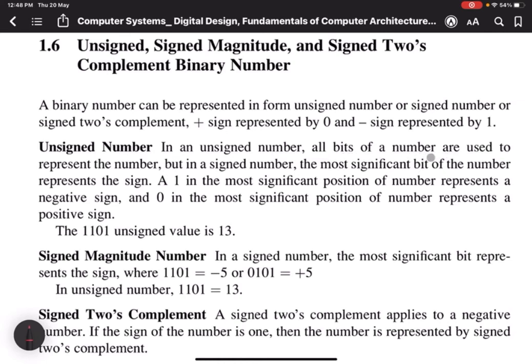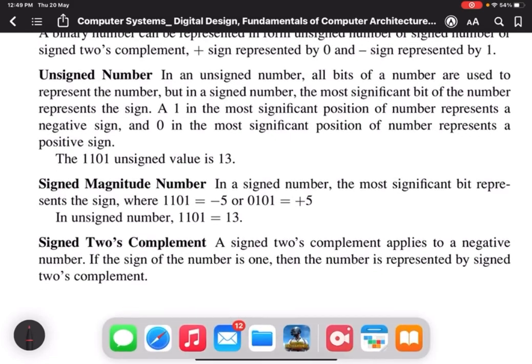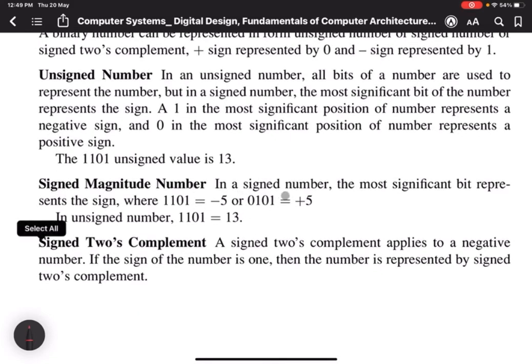So ito, i-note nyo rin to, all bits of the number are used to represent the number sa unsigned. But sa signed daw, yung most significant bit or yung MSB ay ginagamit siya as sign nung number, no? So for example, sa unsigned, yung 1101 will give you an equivalent of 13 sa decimal. But kung siya ay signed, yung 1 na yon hindi siya nagre-represent ng any value.